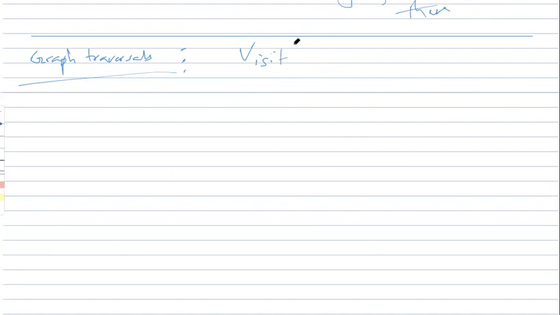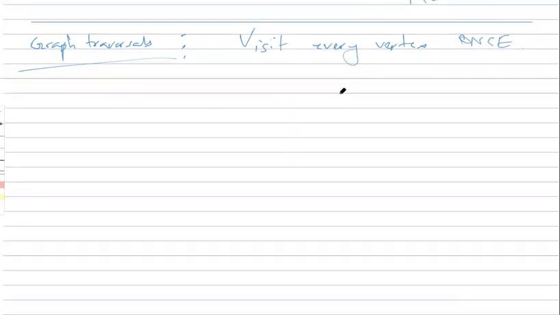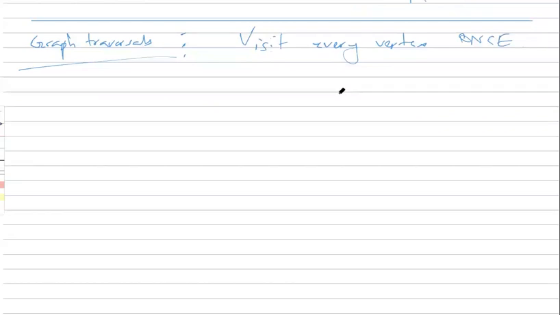So graph traversals visit every vertex once. In the case of a tree, that question of once does not arise so much because there's only one path from one vertex to another. But in the case of graphs, that question arises. Therefore, here very specifically, graph traversal means visiting every vertex once.